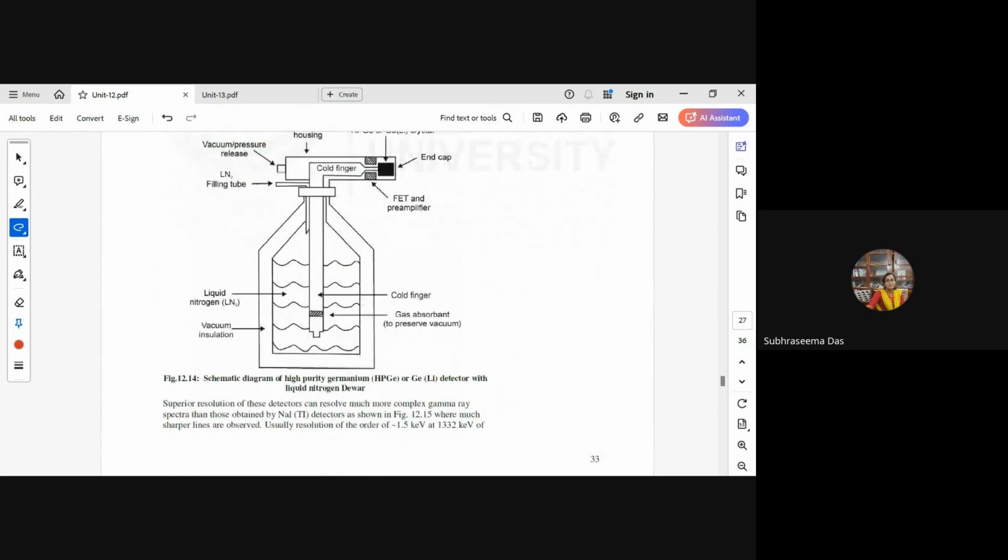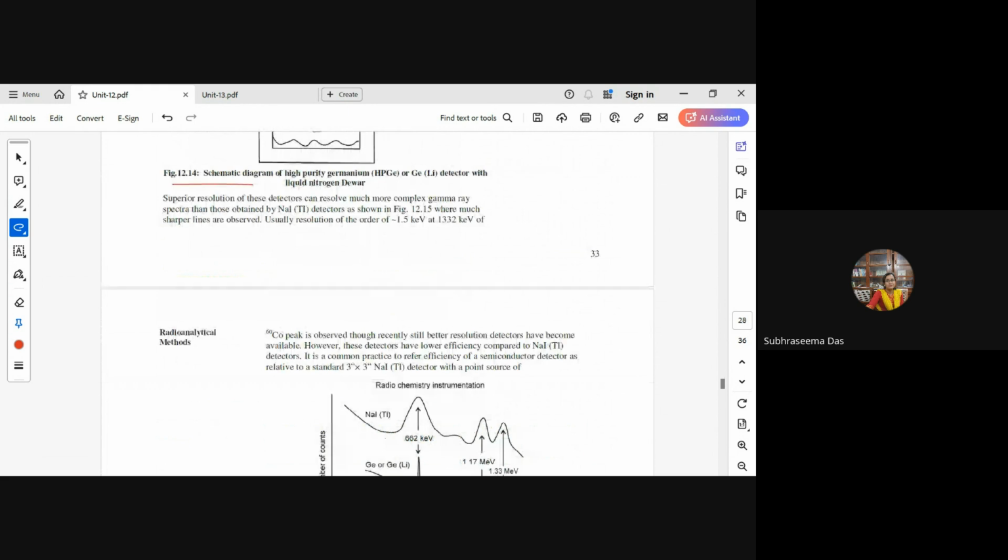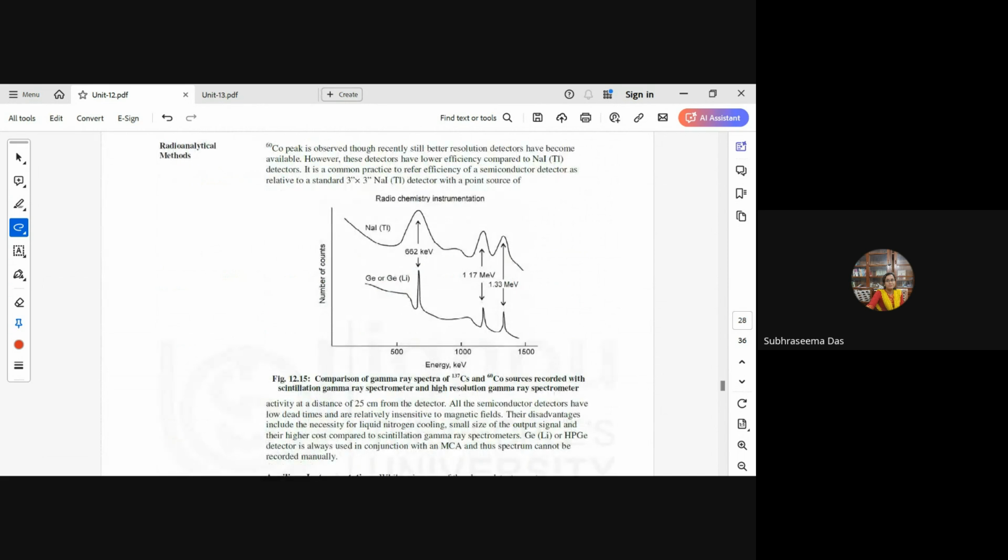Here in figure 12.14 we have a schematic diagram of a high purity HPGe or Ge-Li detector with a liquid nitrogen dewar. The superior resolution of these detectors has resolved much more complex gamma ray spectra than that obtained by sodium iodide thallium detectors, as shown in figure 12.15.